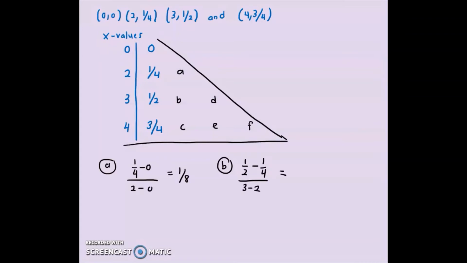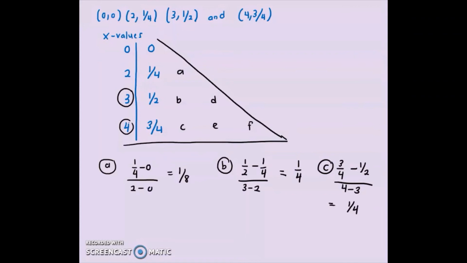That will give you 1 over 4. And then to find C, I have 3 over 4 minus half divided by 4 minus 3, okay? That will give me 1 over 4.